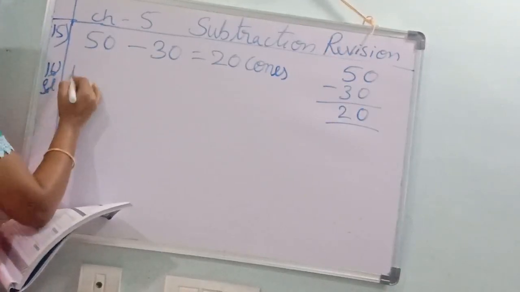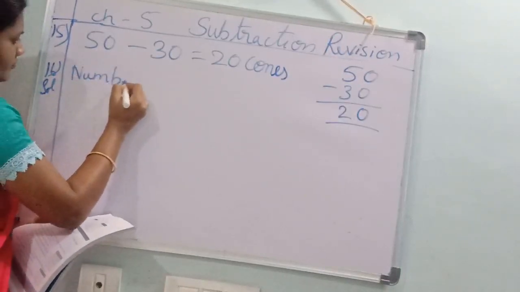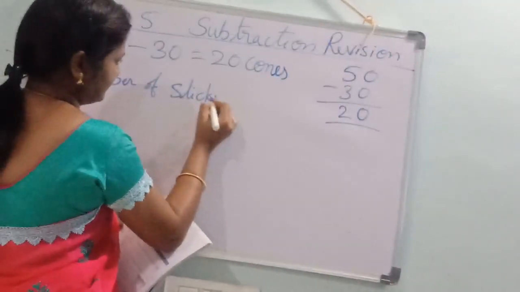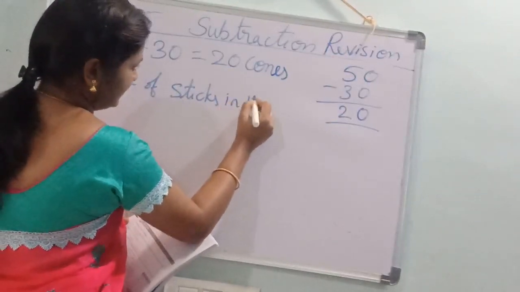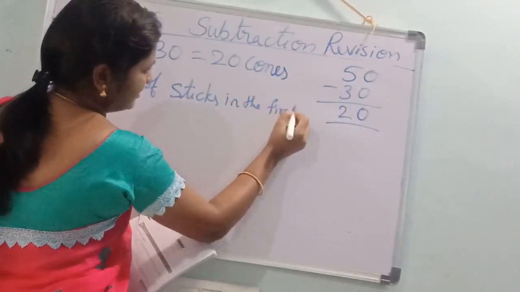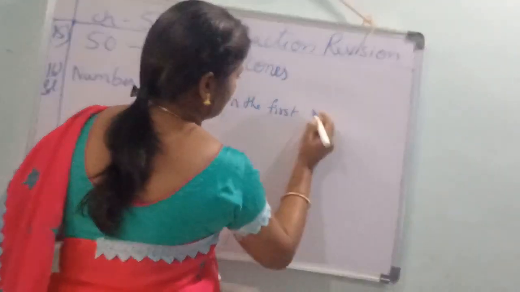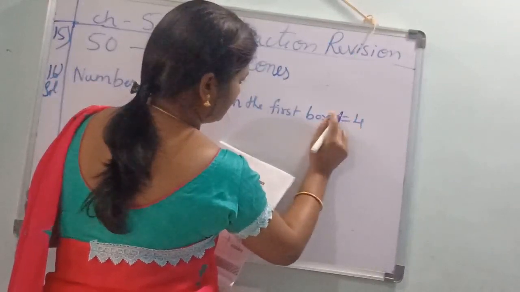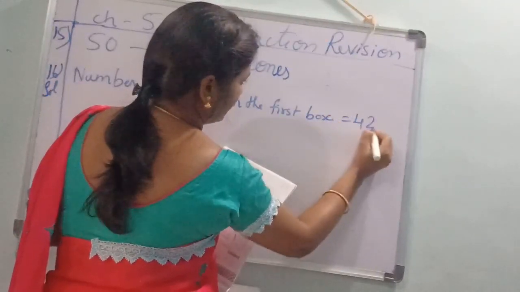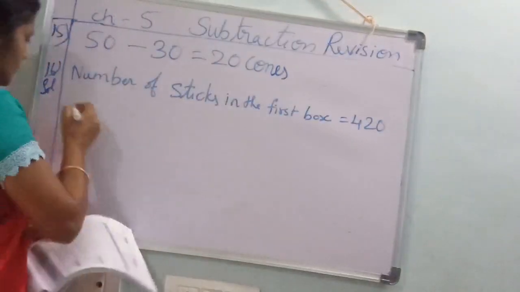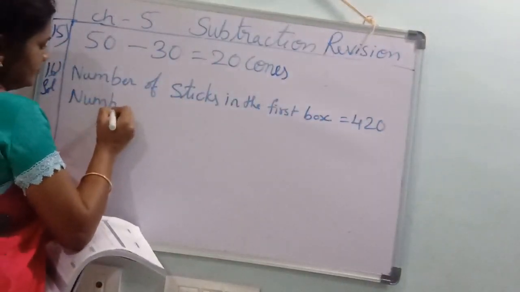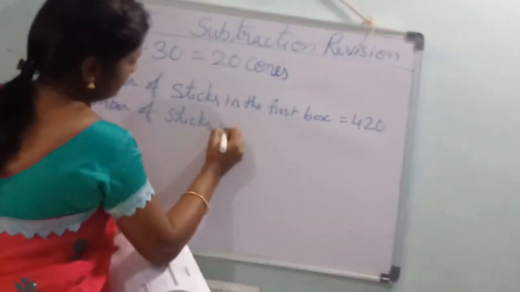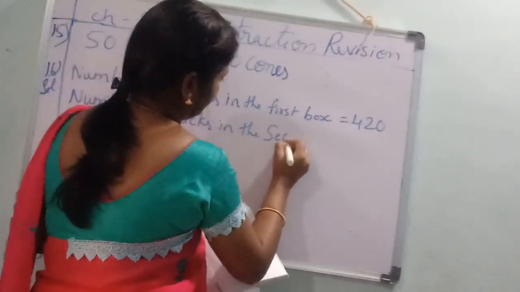Solution. Number of sticks in the first box is equal to 420. Number of sticks in the second box.